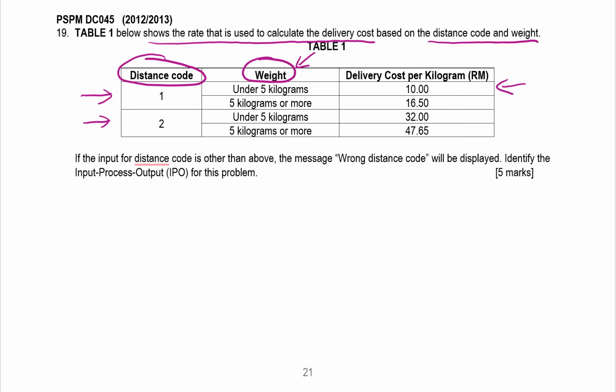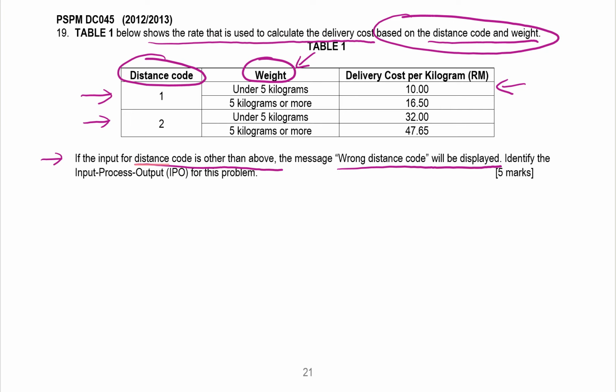The question also mentions that based on distance code and weight, the user needs to input distance code and weight. So now you have 4 possibilities, and the last statement says that if the input for distance code is other than the above, the message wrong distance code will be displayed.